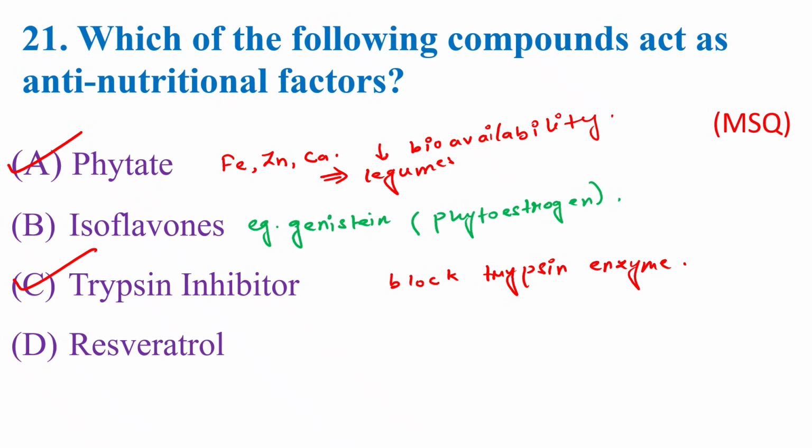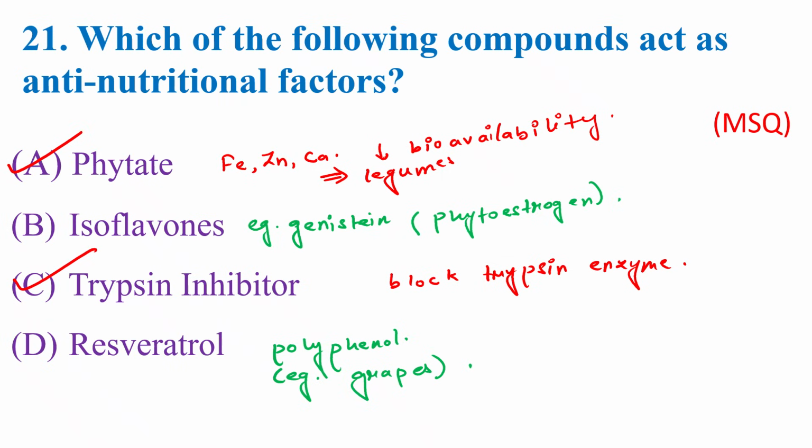And next, that is resveratrol. So it is a polyphenol. Basically, it is found in grapes, and it has antioxidant and anti-inflammatory effects, and it has no negative impact on our nutrient absorption. So over here my correct option is option number A and option number C.